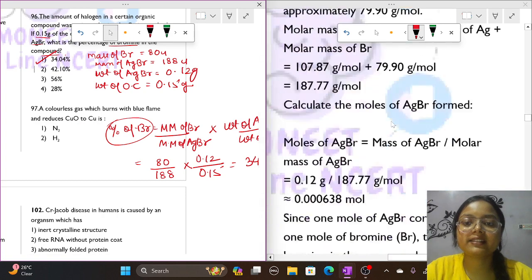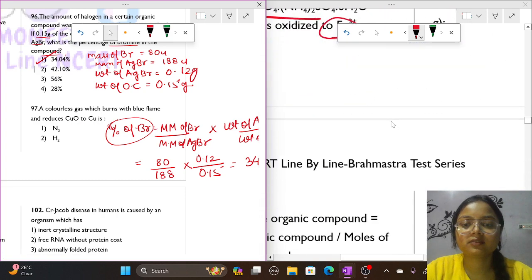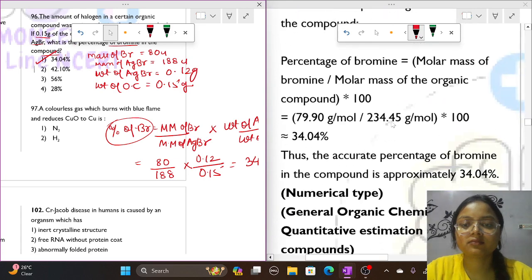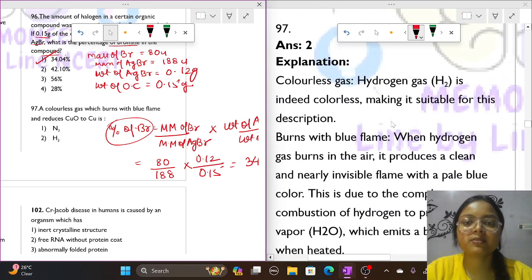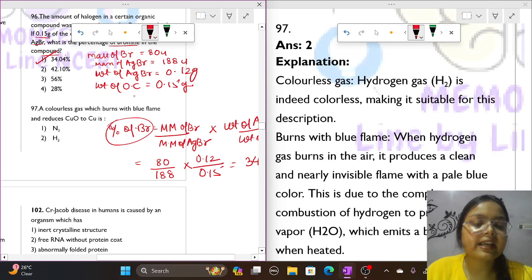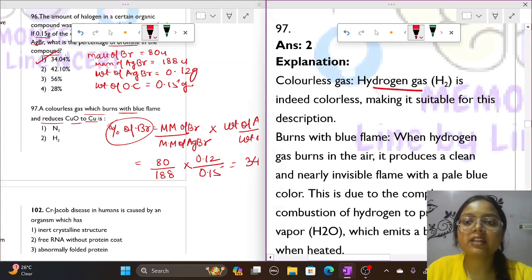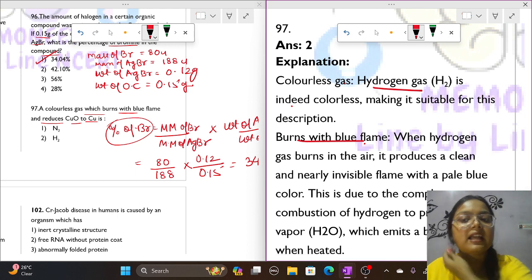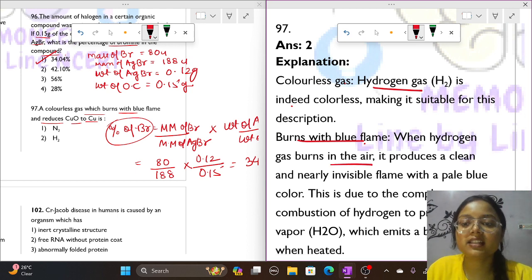Question number 97. A colorless gas which burns with blue flame and reduces copper oxide to copper. Okay, so it is hydrogen gas. Hydrogen gas, it burns with blue flame, and when hydrogen gas is burned in air, it produces a clean and nearly visible flame with a pale blue color.